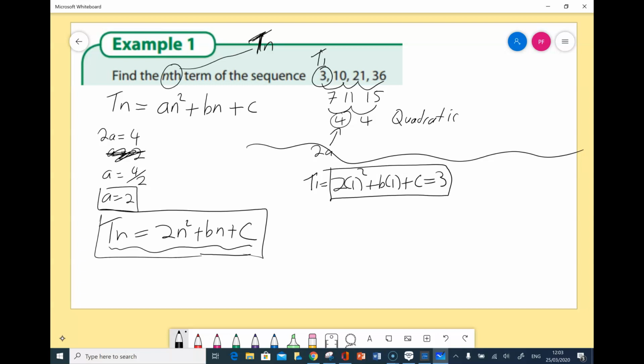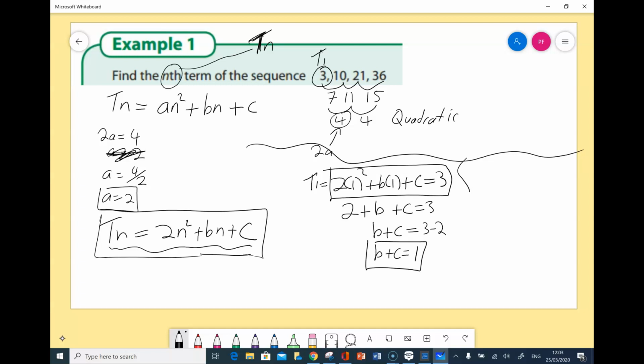So I'll tidy that up. 2 times 1 squared is 2, plus b times 1 is b, plus c equals 3. And lastly, I'll bring my 2 over, so b plus c is equal to 3 minus 2. So b plus c is equal to 1.